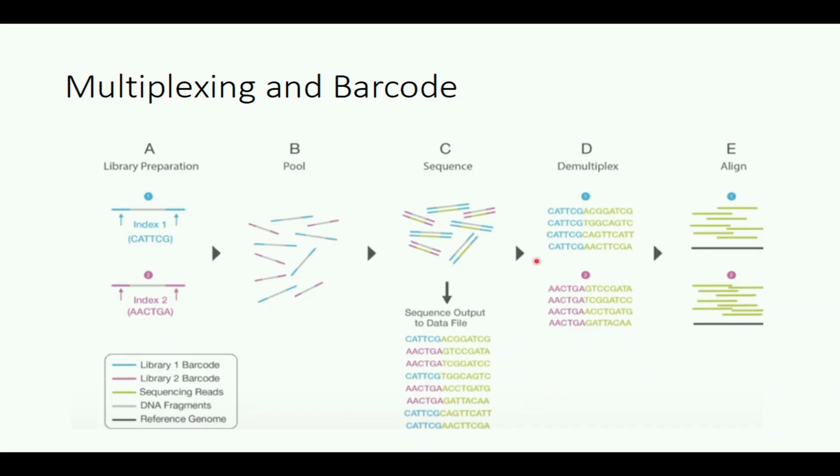But as long as you can tell the difference between them by adding some special marks, which we call barcodes, basically attaching this barcode into your library, you can always separate the libraries out later by just reading these barcodes. And there are also complex bioinformatics tools involved in designing these barcodes, so they don't overlap too much with the information that's important to your sequence. Basically, you try to find the sequence that appears the least in the things that you care about, so you don't mess up the information you want to read.